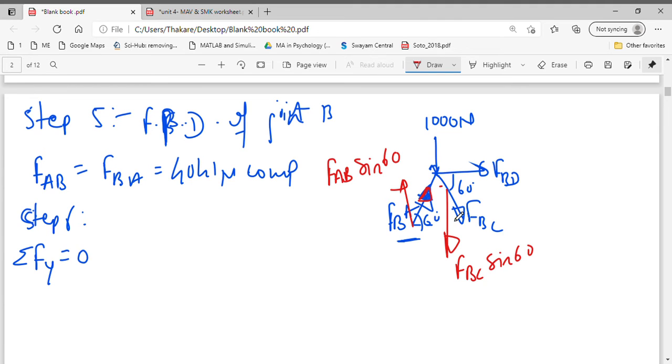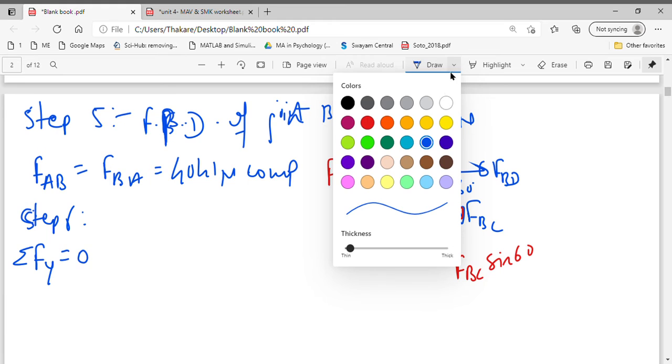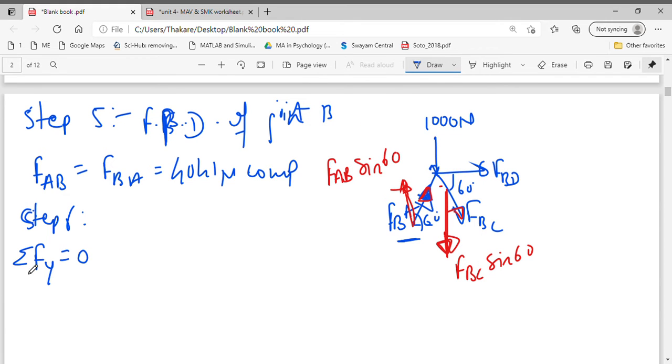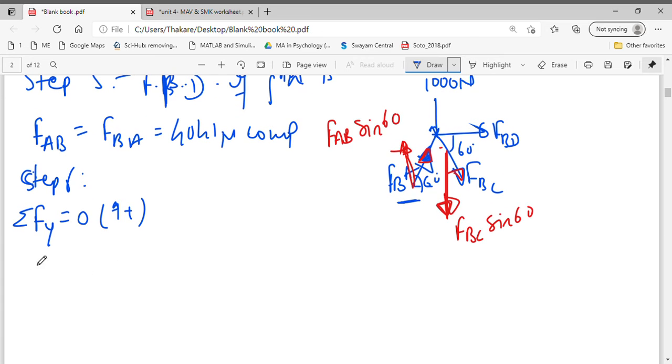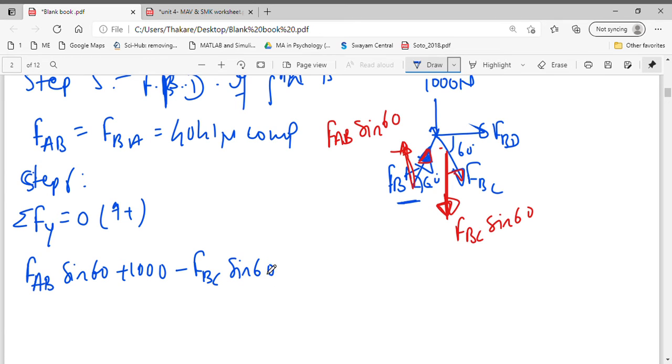This is compressive and this is tensile, so the component is acting in downward direction and this component is acting in upward direction. Now, taking summation of forces in y, considering upward acting forces to be positive, we will have FAB sine 60 plus 1000 minus FBC sine 60 equals to 0. Right? On solving this, we will get the value of FBC.